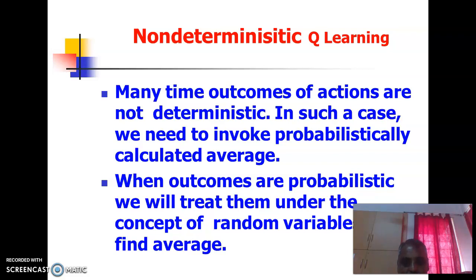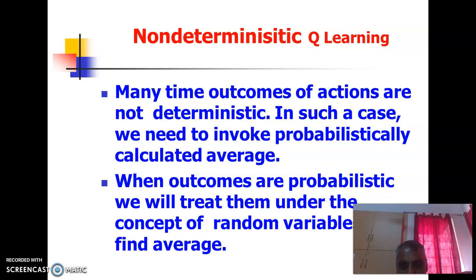When outcomes are probabilistic, it may be any kind of probability distribution, not necessarily uniform distribution. So when outcomes are probabilistic, we will treat them under the concept of random variables and find averages.